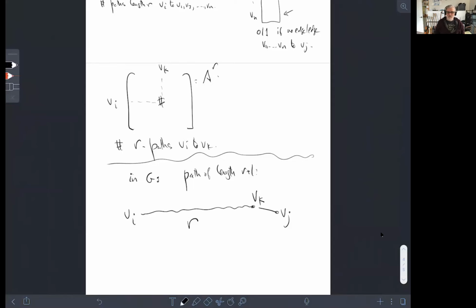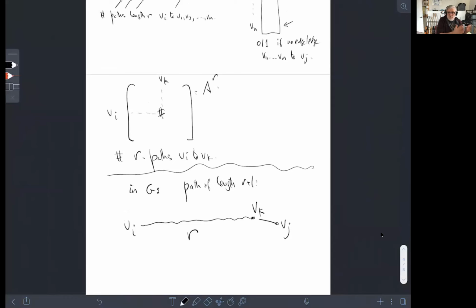Yes? Okay. So imagine that I have 12 ways of going from VI to VK. That means of length R. So if I have 12 ways of doing that, then I have 12 paths from VI to VJ of length R plus 1 that go through that particular VK, right?